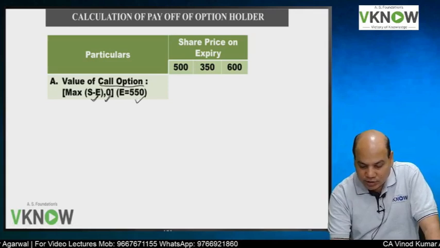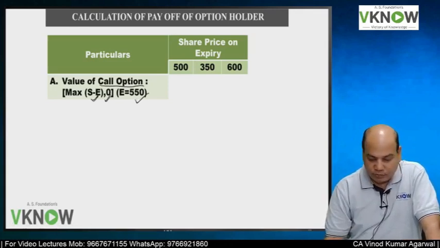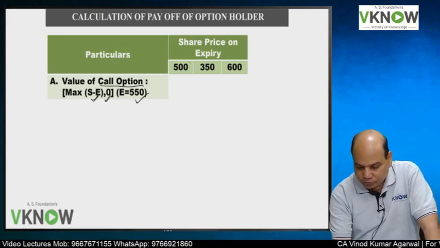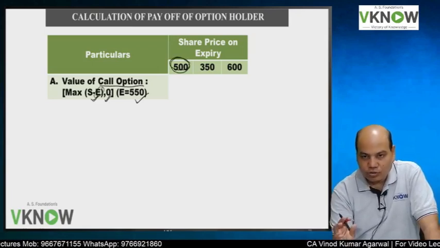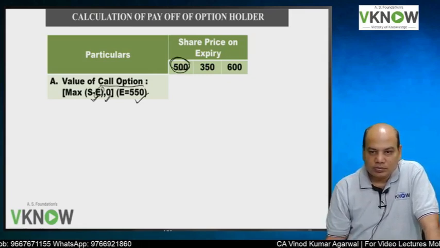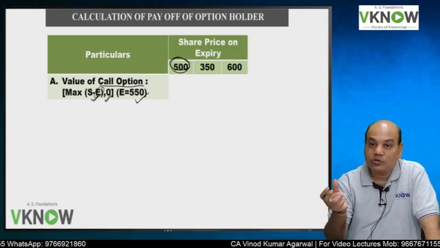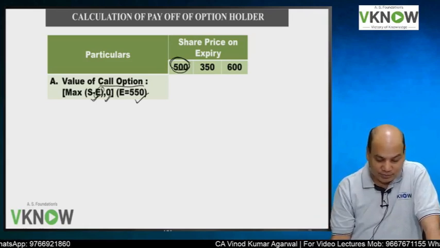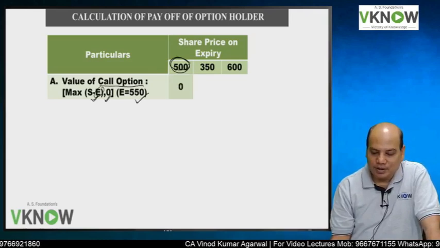And what is the exercise price of call option in this question? 550. So how do you compute? 500 minus 550 or 0, whichever is maximum. Minus 50 or 0, which is higher. 0 is always higher than negative number.